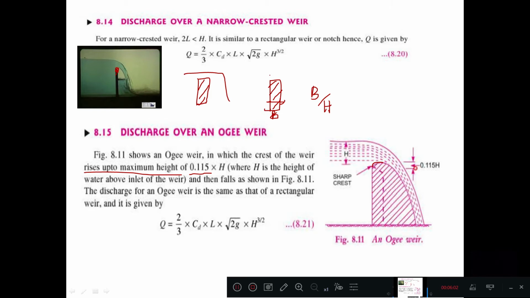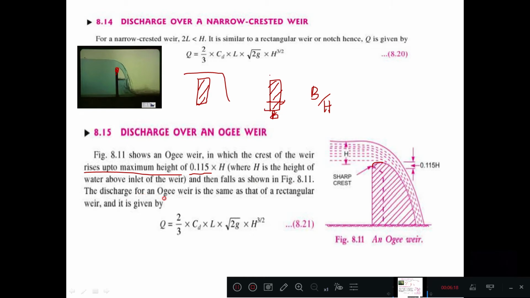See how much it is rising: 0.115 times H. The design is like this only. So 11.5% of the head H, the height of water above the inlet of the weir, and then it falls down.